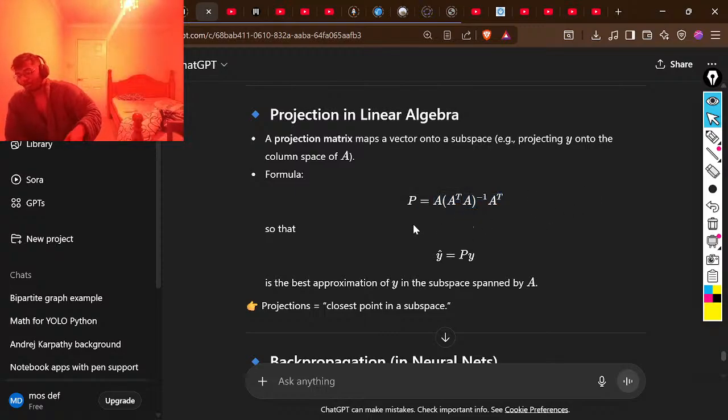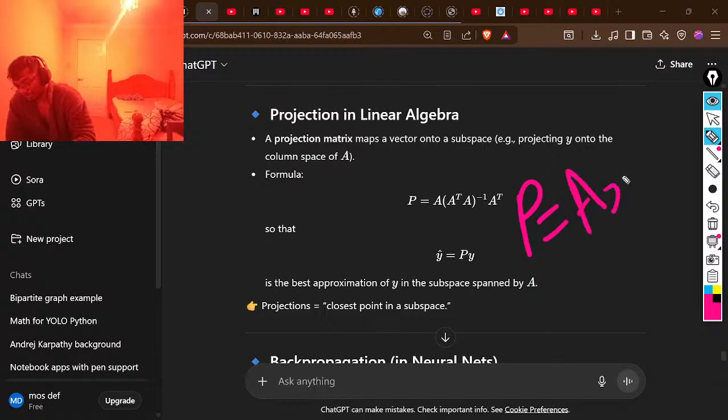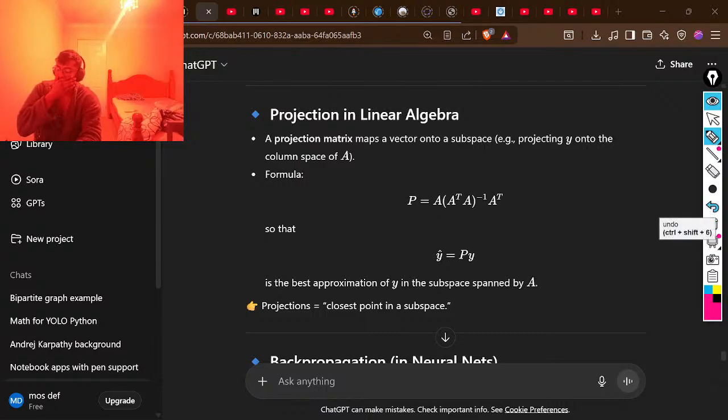So the formula, just a little recap of what we saw that day: permutation is equal to AXYZ. Let's say in a 2D permutation, AXY is equal to AXAY, meaning this is a projection.